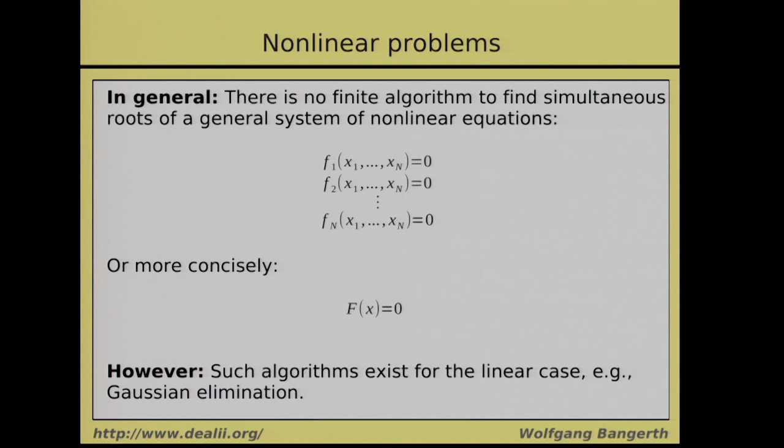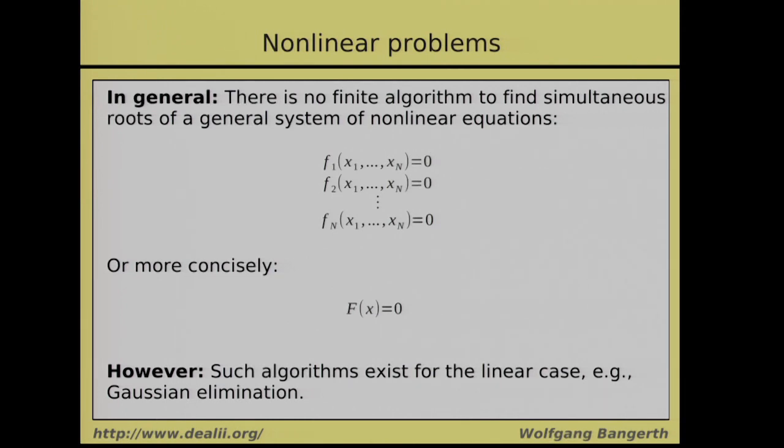And I want to contrast this with linear systems. So in the case of linear systems, you have Gauss elimination, which gives you the exact answer to a linear equation in n cubed steps if you have n variables, right? So if we could do exact arithmetic, we can solve linear systems in a finite number of steps exactly.